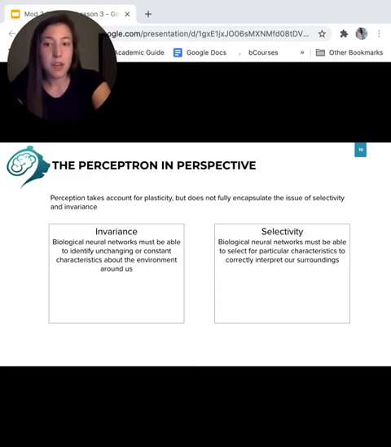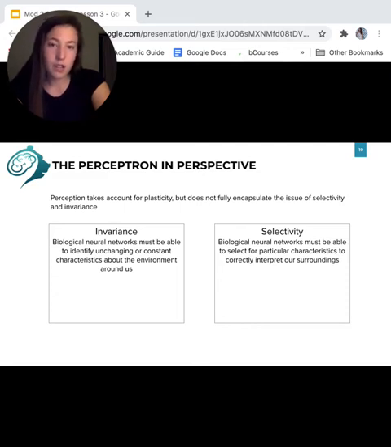A problem that many models have is representing varying levels of selectivity and invariance that are present in biological neural networks. By invariance, I mean that in order to correctly identify and interact with our surroundings, the brain must have some circuits that don't change. However, in order to correctly categorize our surroundings and adapt to changes, there may be a certain amount of specificity required.